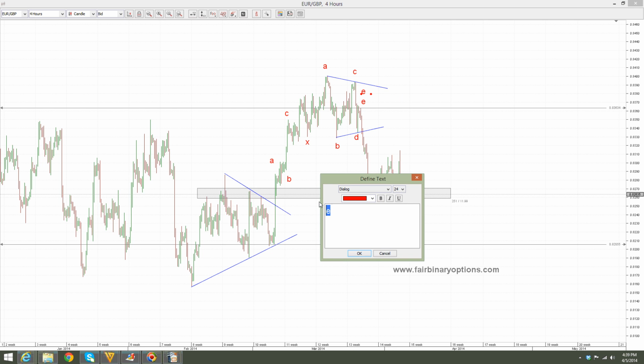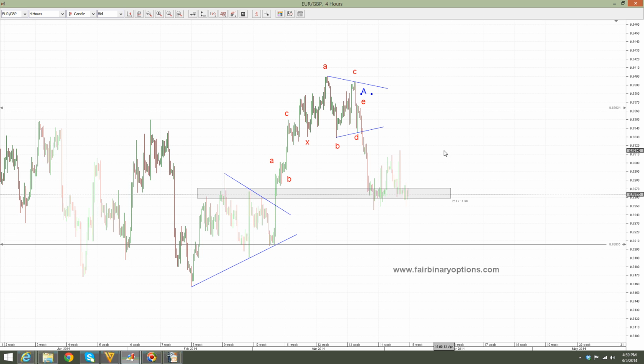Now we would know this scenario if and when price is going to break above this consolidation area here, and if it's breaking the 83.63 area there, it means that the leg of a triangle actually ended here, and this is only part of the next leg.